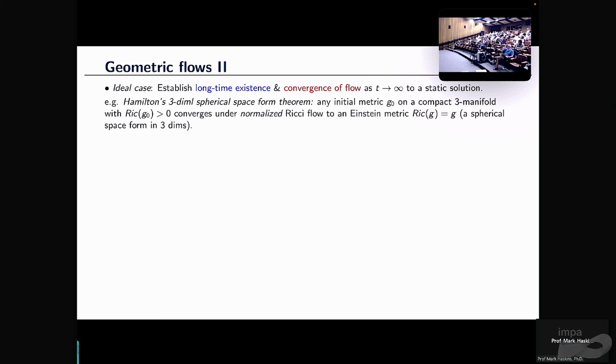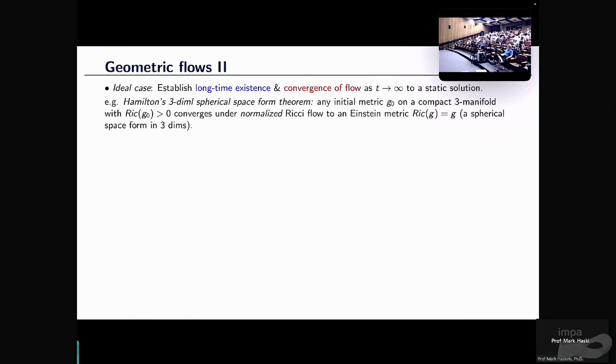So you have some corrections to stop the volume from decreasing. And then under this normalized flow, he proves that you do have long time existence, and then you have convergence as time goes to infinity to an Einstein metric with positive scalar curvature. And then because we're in 3 dimensions, we just get a spherical spaceform.